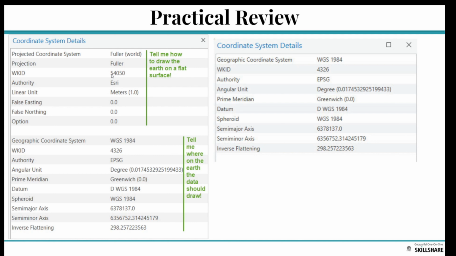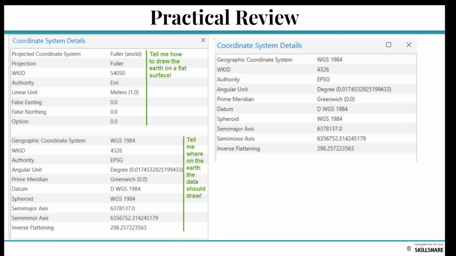Now, interestingly, whenever you see a projected coordinate system, you will see a geographic coordinate system as well. This is because the geographic coordinate system tells us where on Earth the data comes from, which we also spoke about in the previous class. And the projected coordinate system tells us how we draw this on the flat surface.